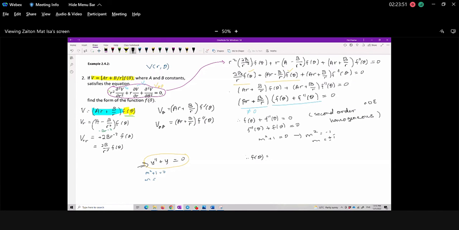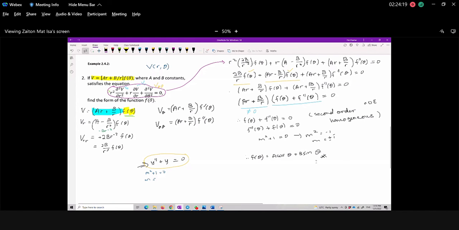It will be A cos theta plus B sin theta. So that's to answer this particular example: find the form of the function of f theta. So f theta will be this form, A cos theta plus B sin theta.